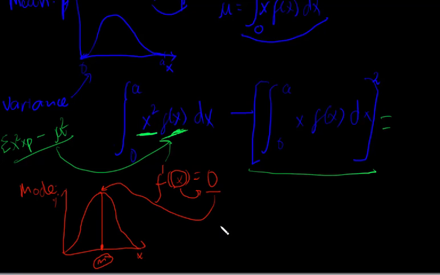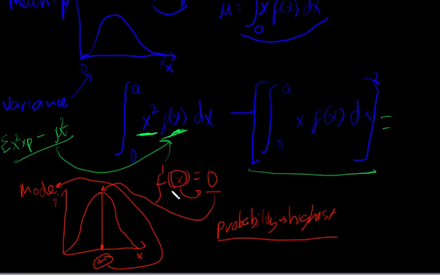We know that the probability is the highest if the differentiation of f of x is equal to 0, and for that, m would be the mode. So differentiate f, equate to 0, get x, and that would be your mode. So that's basically how you can find the mean, the variance, the median, and the mode of a probability density function.